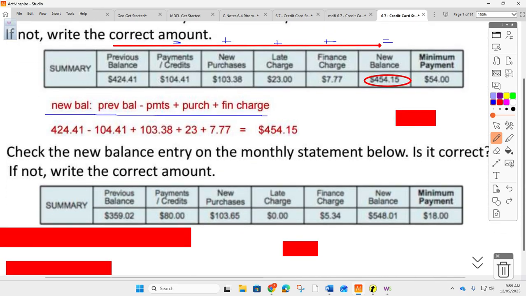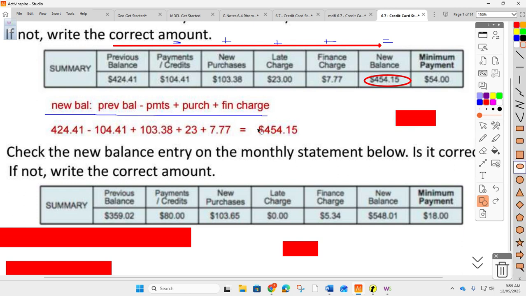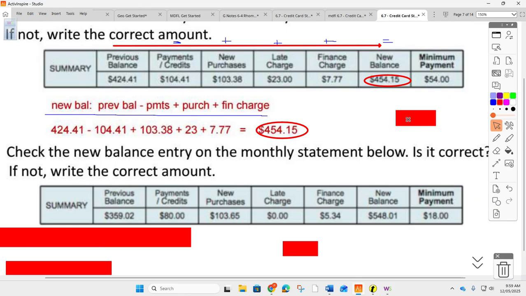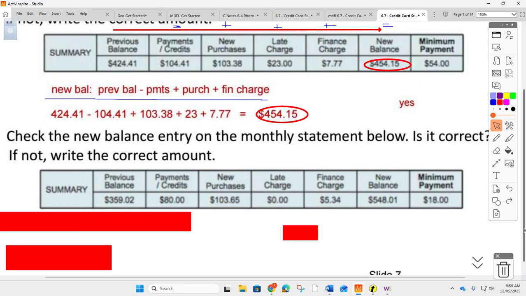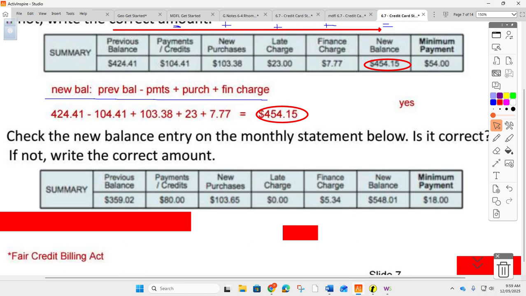So it seems we got the same number, so now we know that the statement is correct. By law, they have to compute all of this stuff correctly under the Fair Credit Billing Act. They've got to provide you with all this information on every statement.